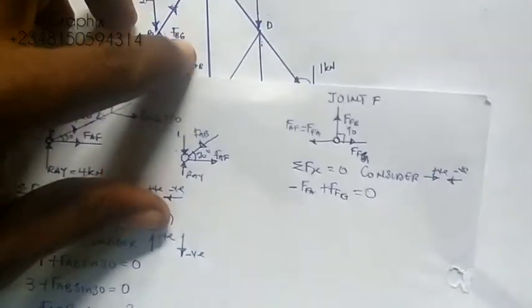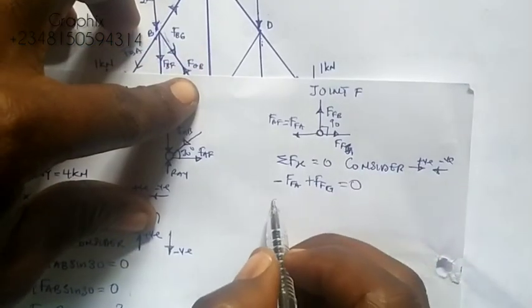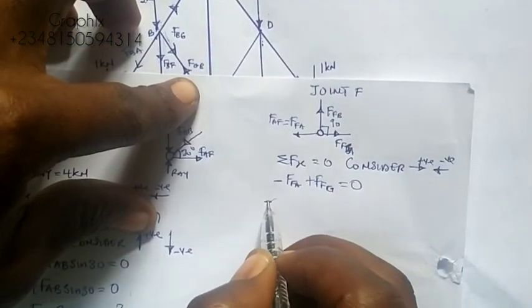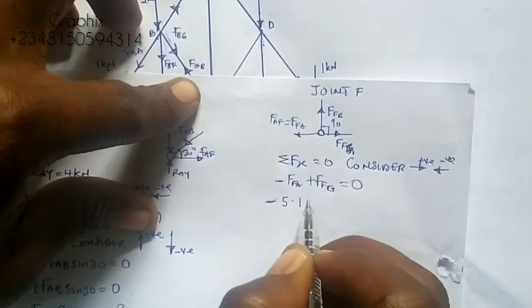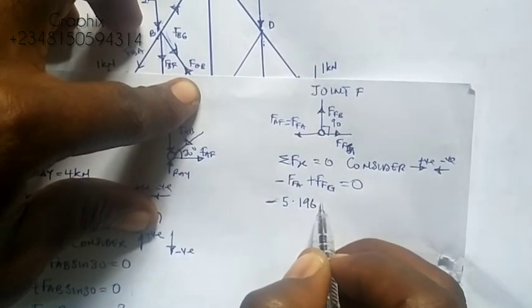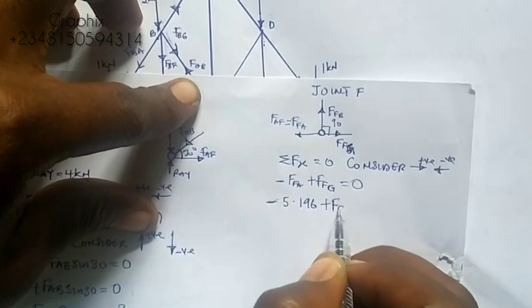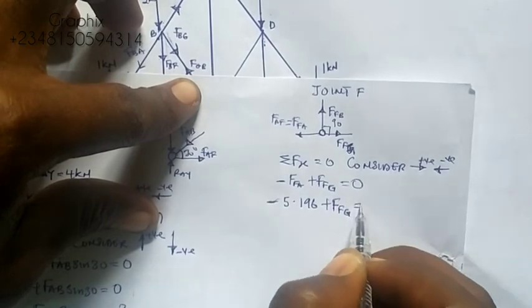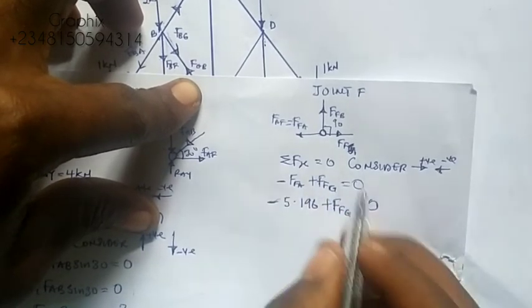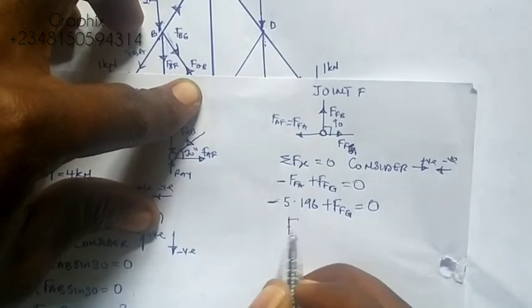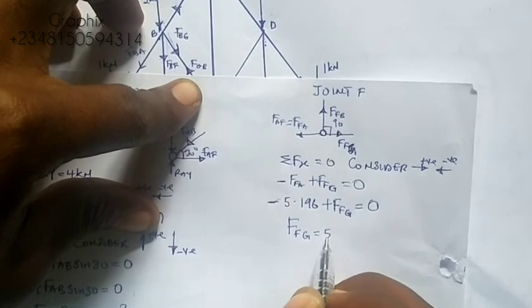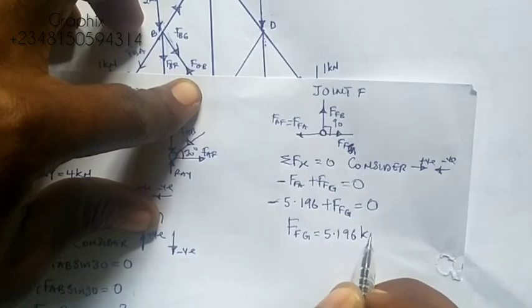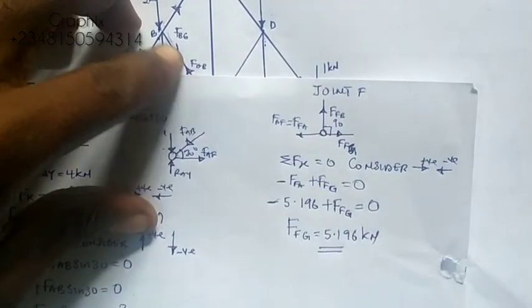So I'll place my minus 5.196 plus FFG equals 0. If I take this there, FFG will now be equal to 5.196 kilonewton, right?